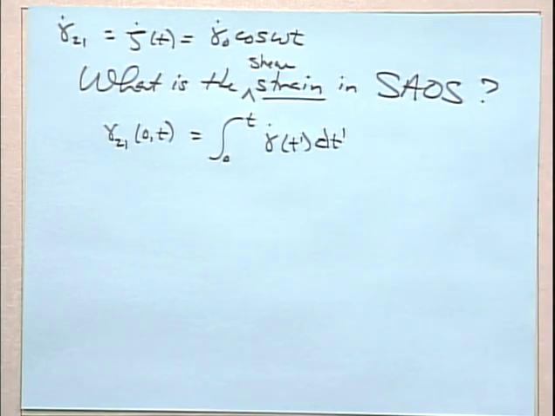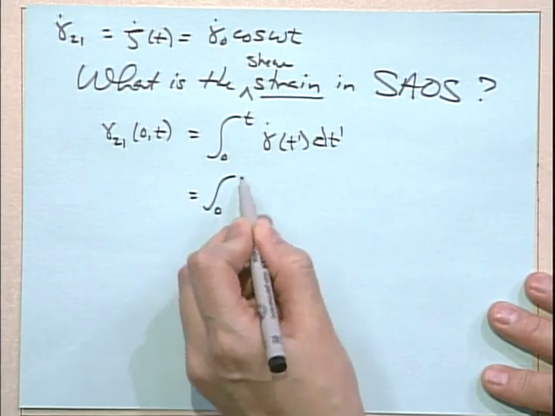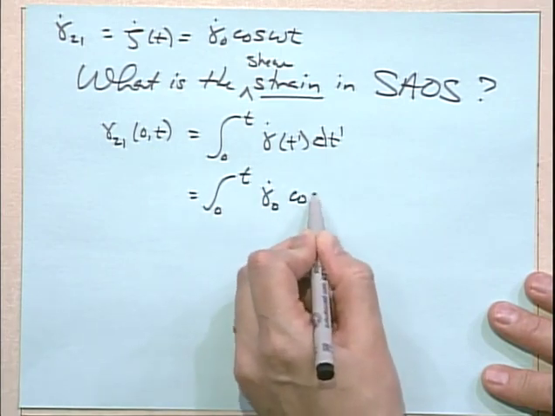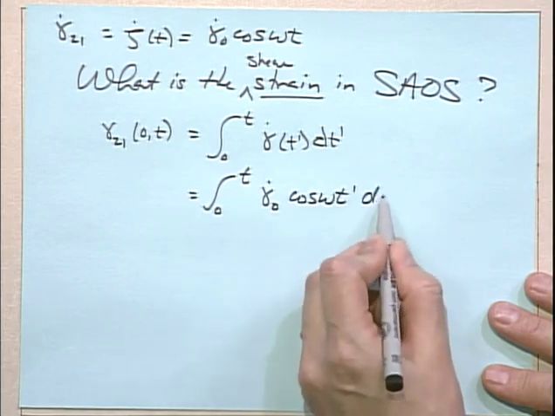So it's just a mathematical exercise. We can integrate cosines. That's not even hard. Okay, so we put this function in there with the t prime substituted. Integral from 0 to t of gamma dot naught, which is a constant, cosine omega, which is a constant, t prime, which is a variable, dt prime.